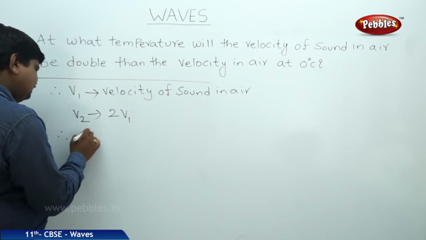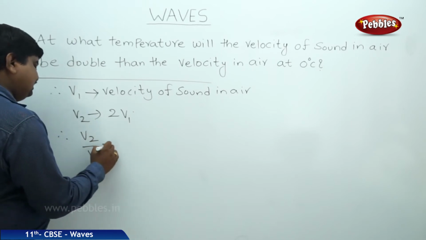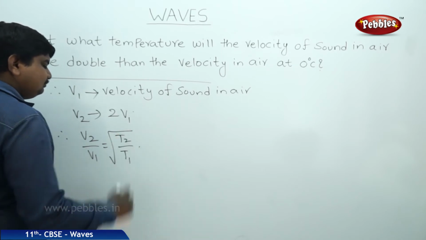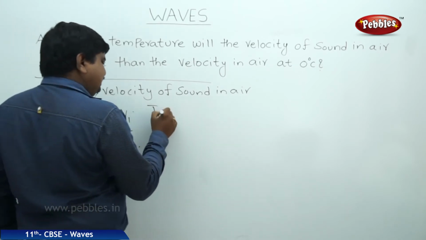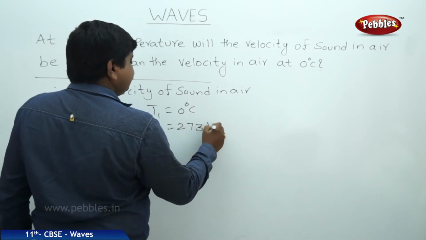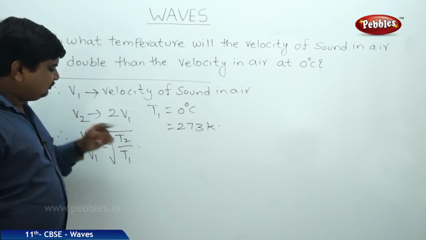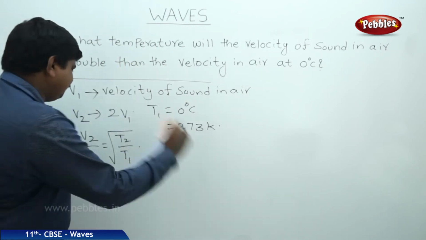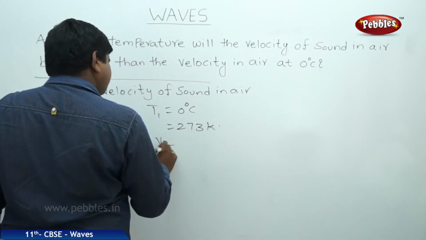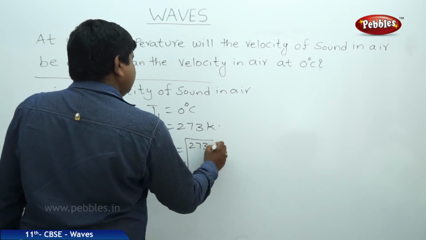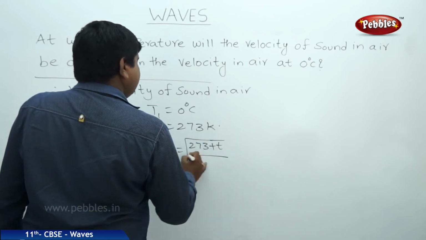We know that V2 by V1 is square root of T2 by T1. T1 is 0 degrees Celsius, that is nothing but 273 Kelvin. We should find T2. T2 is also 273 plus T. So V2 by V1 is equal to square root of (273 plus T) by 273.